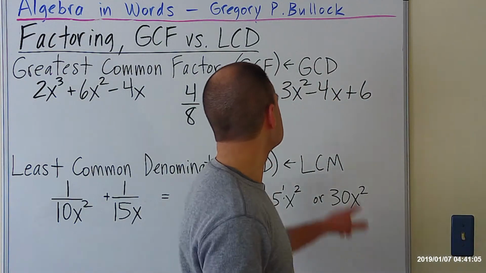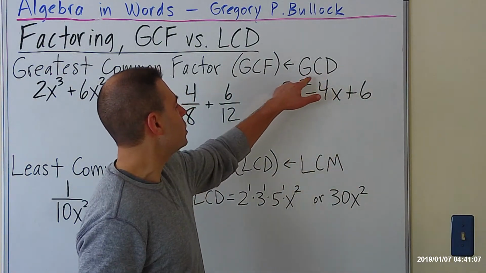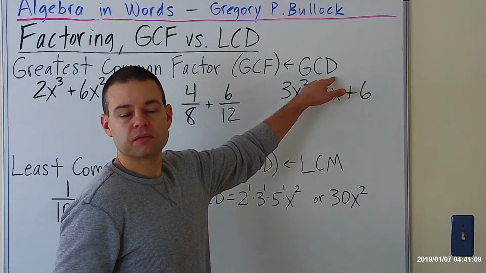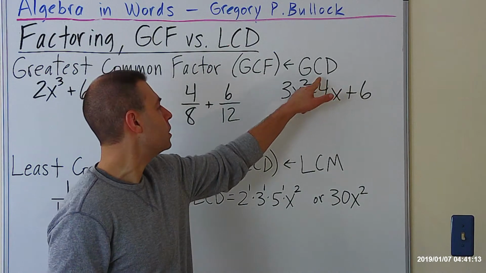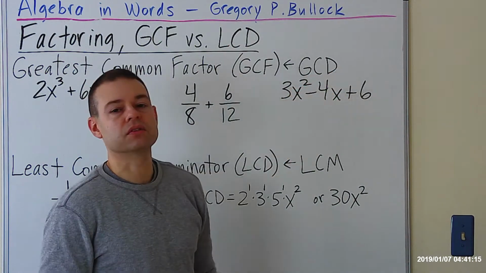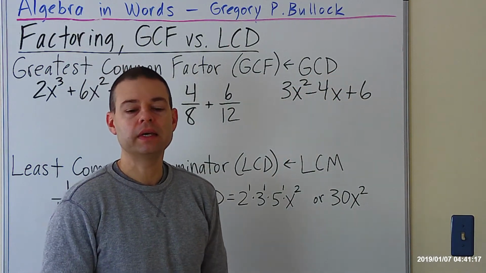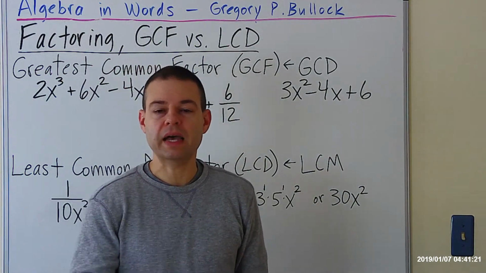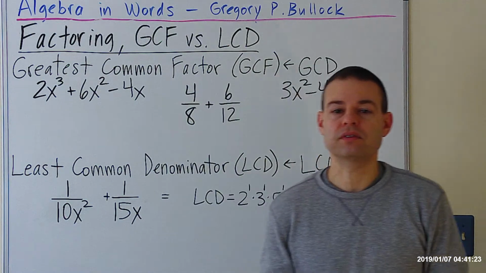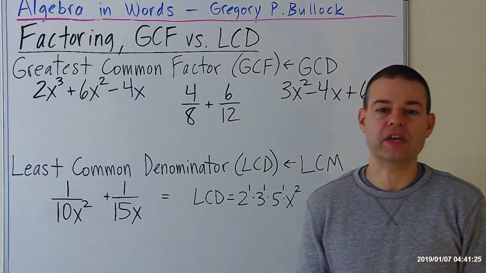Well, if you notice here, I have GCD. Sometimes when you first start out learning greatest common factor, you might learn it as GCD, greatest common divisor. What does that mean specifically? It's a greatest common factor that you can divide every term in a series, whether it's an expression or an equation.